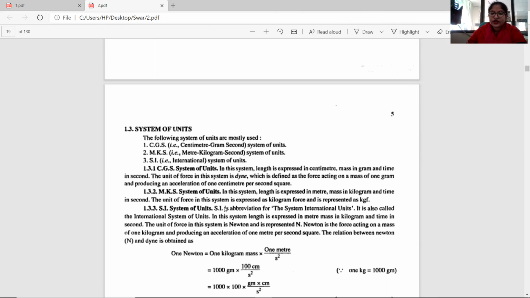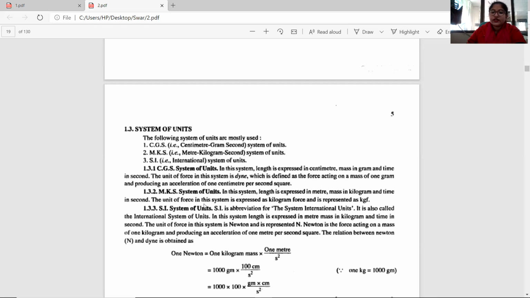In this CGS system, length is expressed in centimeter, mass in gram, and time in second. Same as in MKS, length is expressed in meter, mass in kilogram, and time in second. SI is also called the international system of units.